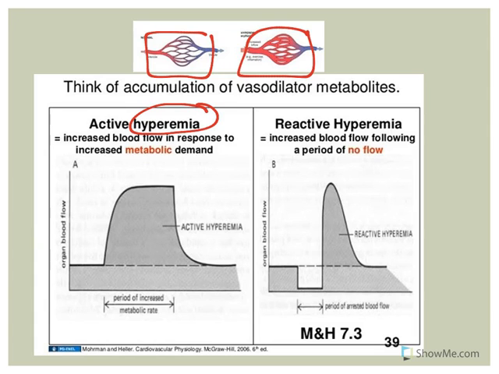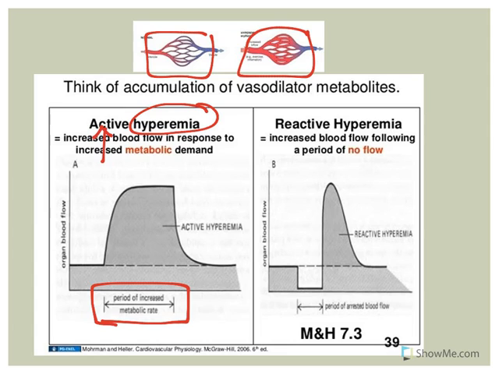Well, what's the cause of it? Well, we have two different examples. The first one is what we call active hyperemia. So with active hyperemia, you'll see higher than normal levels of blood flow in an organ or a tissue. And you notice it's during a period, it says here, of increased metabolic rate. So how can we explain it based on what I've just previously discussed?